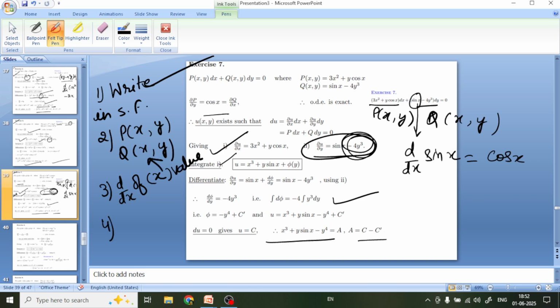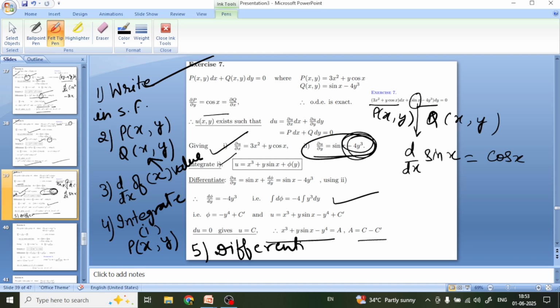Fourth step, you have to integrate the first equation, that means keep x, P(x, y), and fifth step, differentiate. You have to differentiate the second equation, that is the Q(x, y) equation.